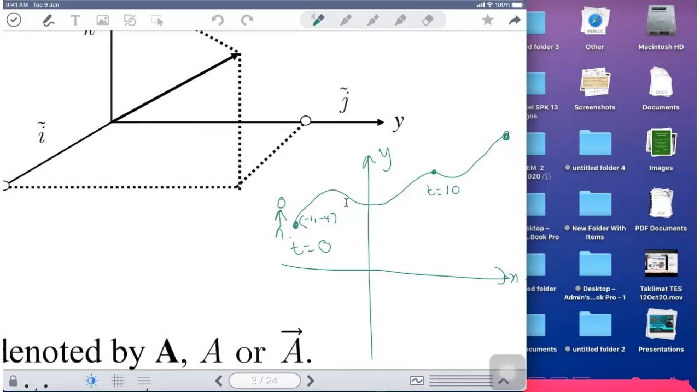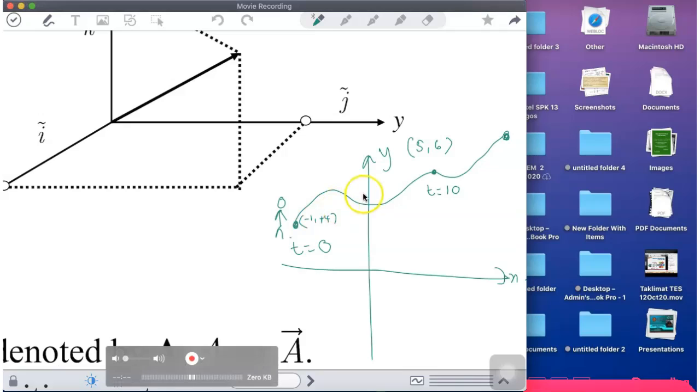The time here can be seconds or hours, so we just ignore the unit. Maybe when t is equal to 10, your point should be higher, right? This one supposedly is not -4 but 4, so 5, maybe 6. Okay, so that is the point.